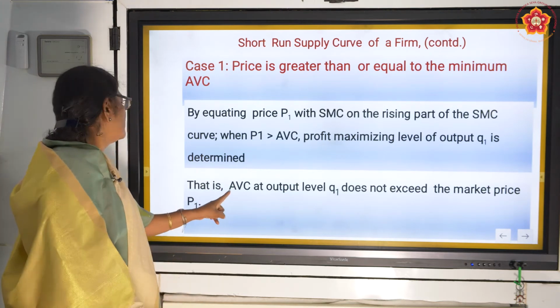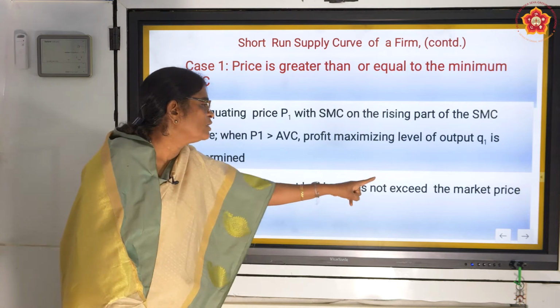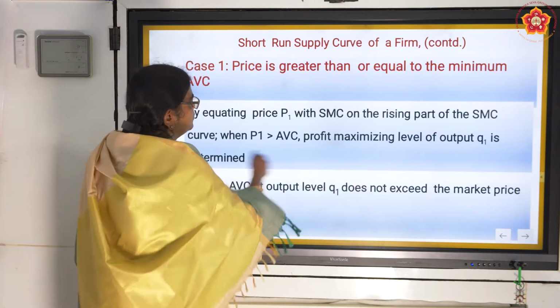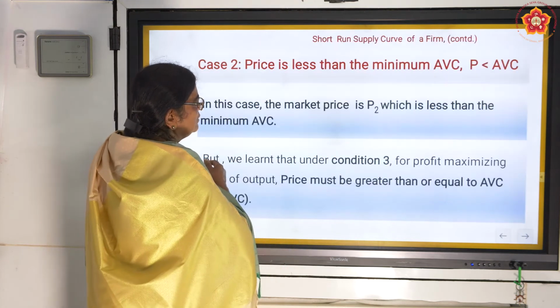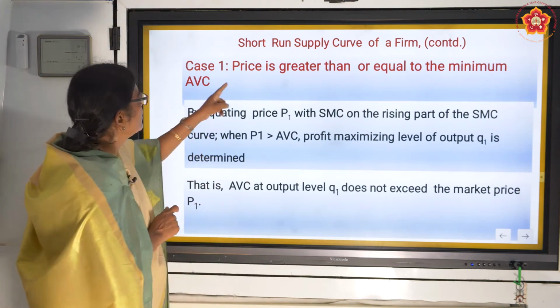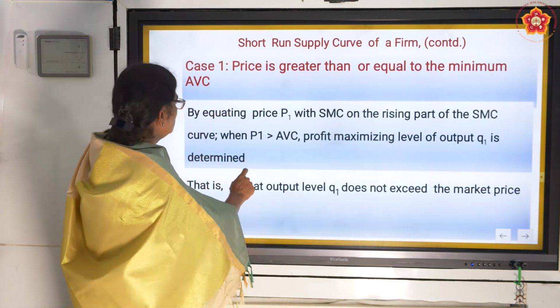And the AVC at output level Q1 does not exceed the market price P1. That also we have seen. You can see one more diagram on the back side also. The second one: price is greater than or equal to minimum AVC.